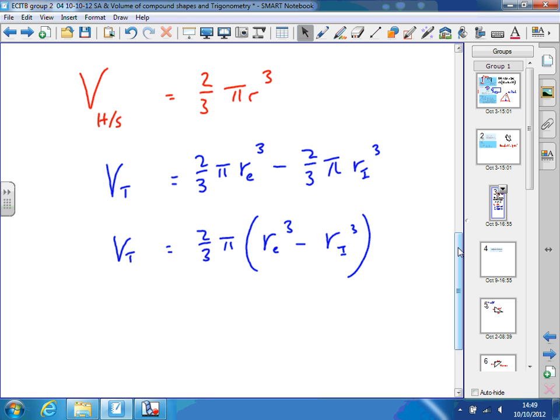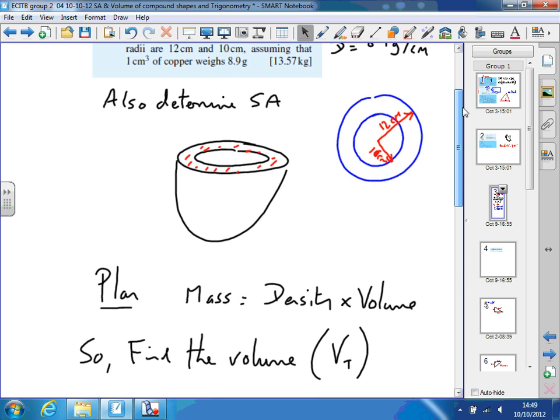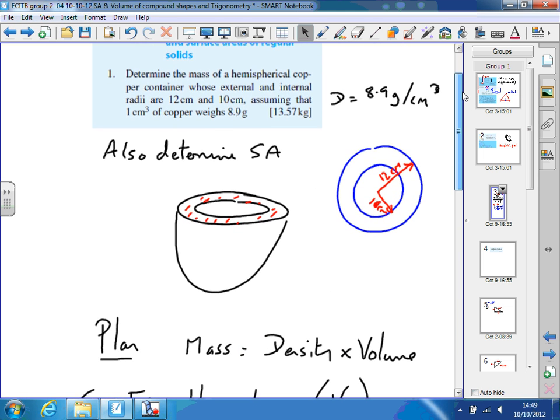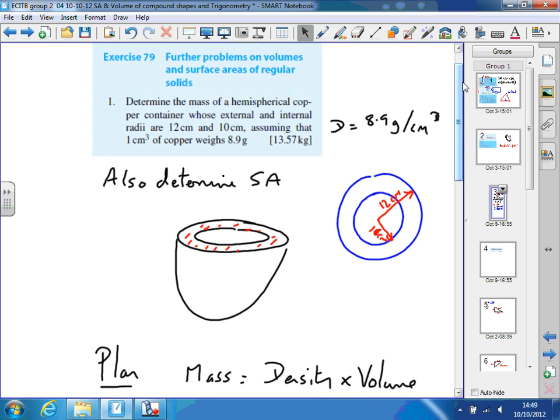So you end up and you get the answer, hopefully, and then you times that by the density and you get 13.57 kilograms. What I wanted to show on this was, though, the plan. When it comes to your assignment, I want some sort of plan of action. I need to know what you're going to do. So when you do this, it's in the form of a report.